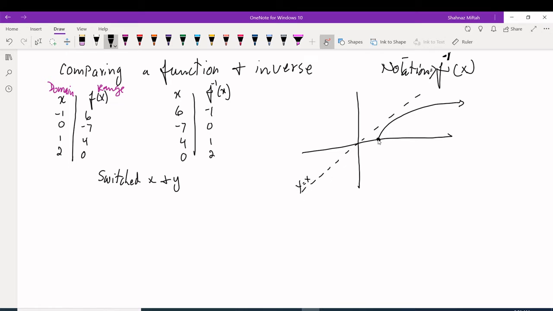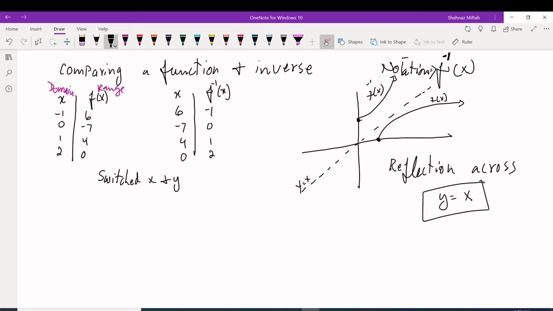If this graph is a reflection across y equal x, then yes, that's the inverse, and that's the original function. So if there is a reflection across y equal x, then the function has an inverse.